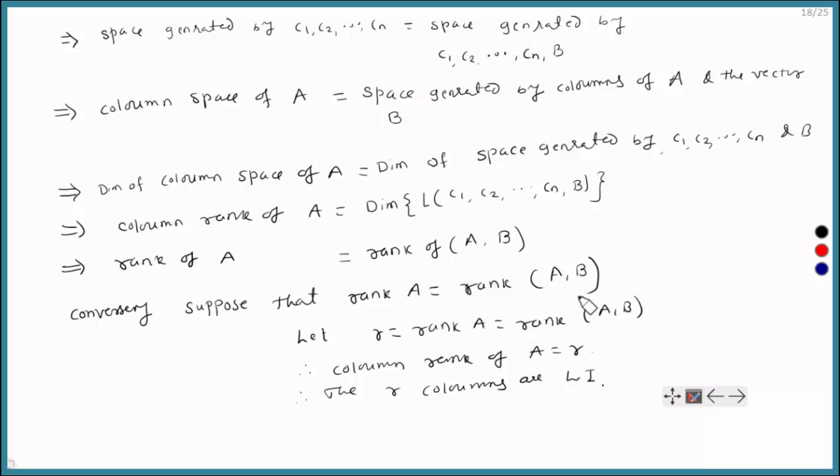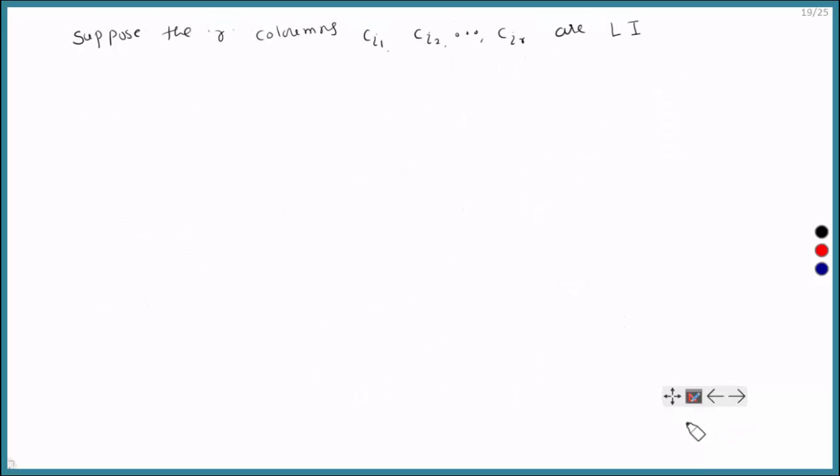Conversely, suppose that rank of A is equal to rank of [A|B]. Let R be the rank of A, equal to the rank of [A|B]. Therefore, the column rank of A is equal to R. Therefore, R columns are linearly independent. Suppose these R columns Ci1, Ci2, ..., Cir are linearly independent.